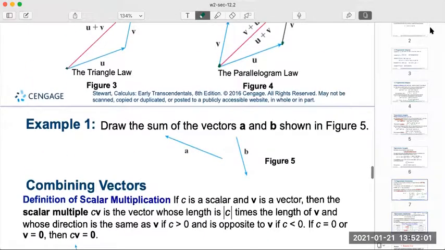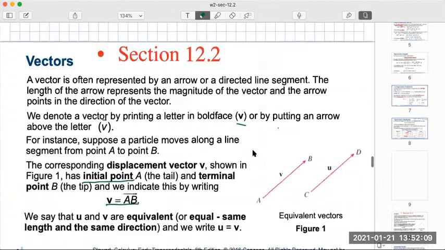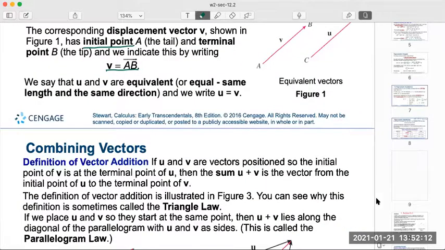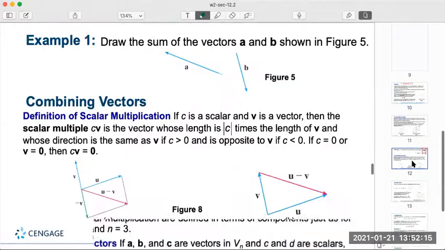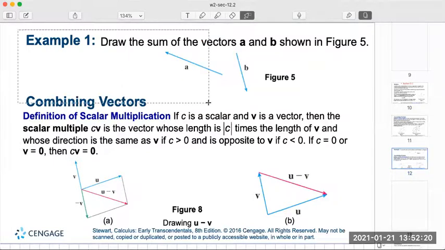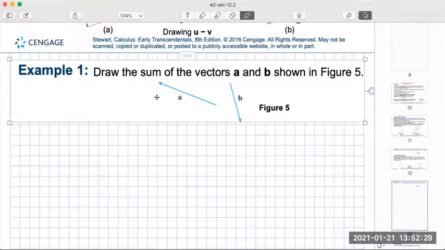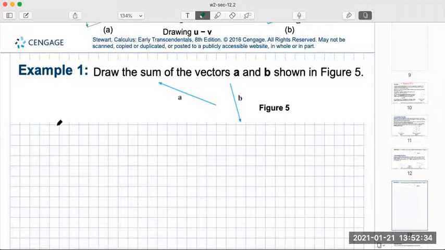Let us try to solve example 1 here. If we are given vector A and vector B as in this figure, can we find the vector A plus vector B?